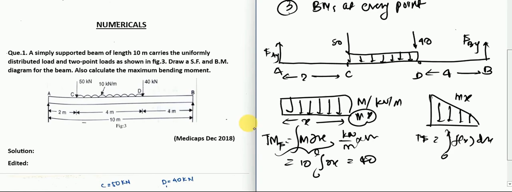If you put whatever function is given in here, you can find the total force, and you can assume that the total force is acting at the center of the figure. In our case, the center will be at x by 2 because it is a rectangular figure. In the triangular case, the center will be at x by 3 from this point and 2x by 3 from this point. So you can assume that it is acting at the center of the figure. Let us just move ahead, as you know the concept now.